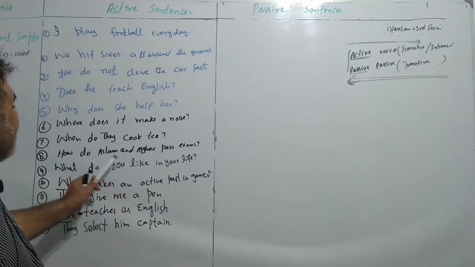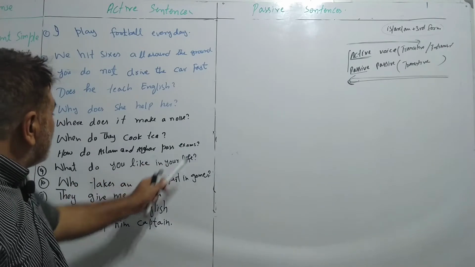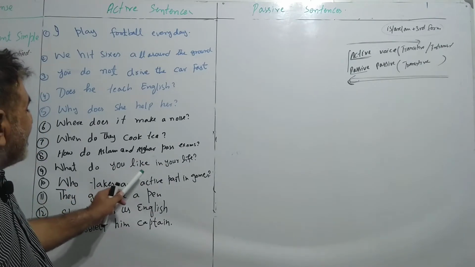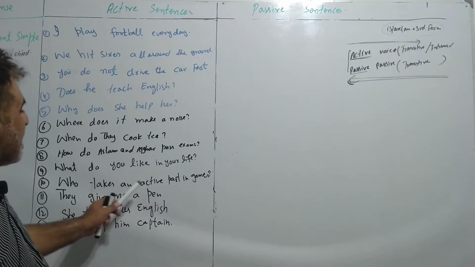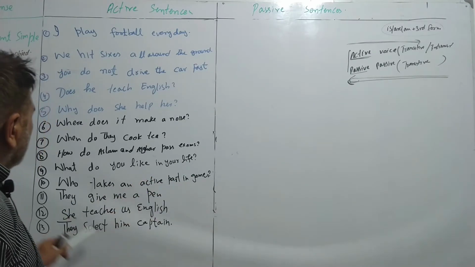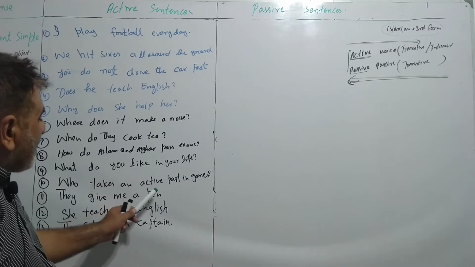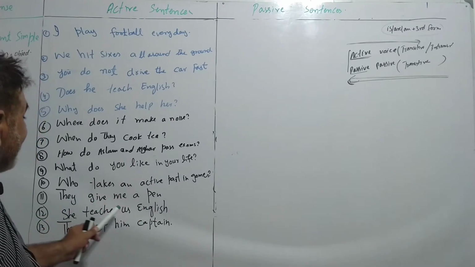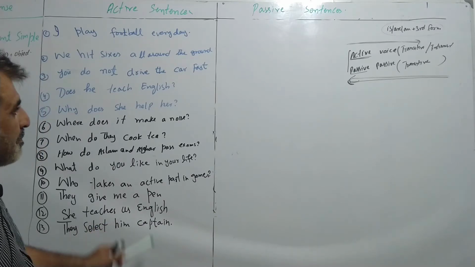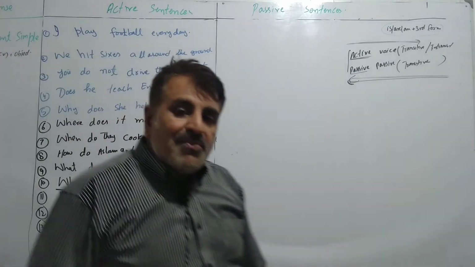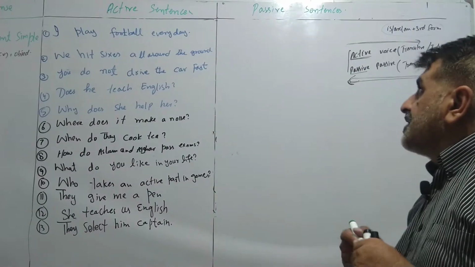How do Aslam and Azhar pass exams? What do you like in your life? Who takes an active part in games? They gave me a pen. She teaches us English. They select a captain. So all possible structures are here.